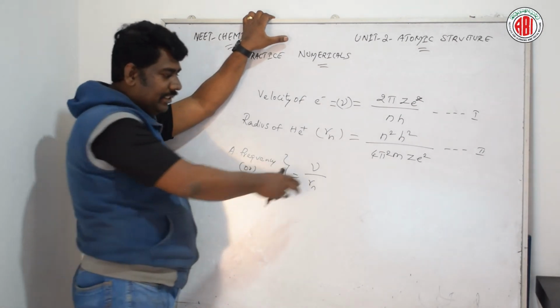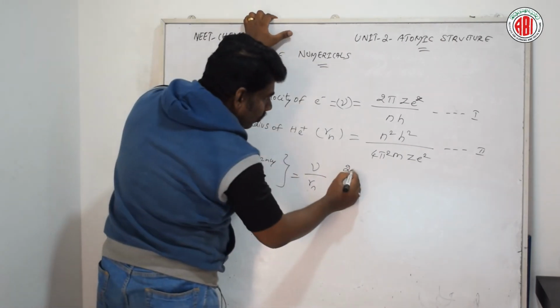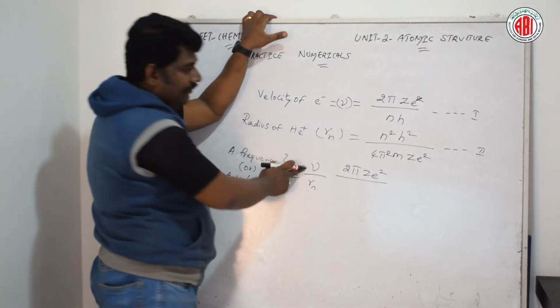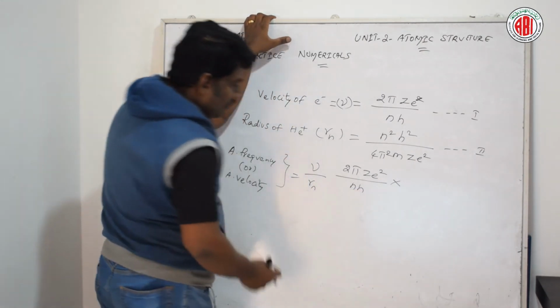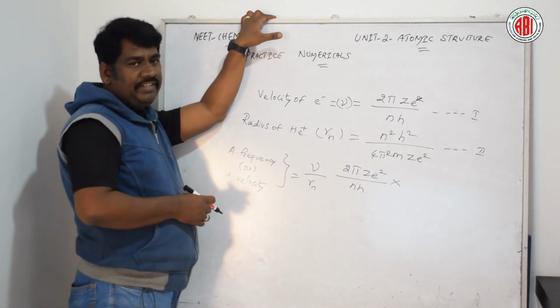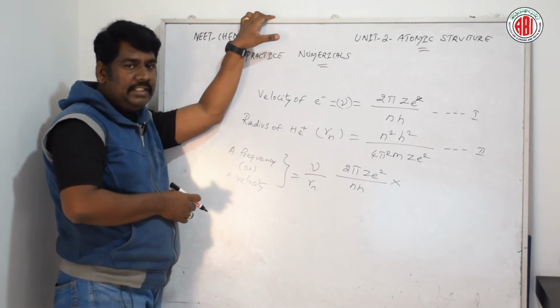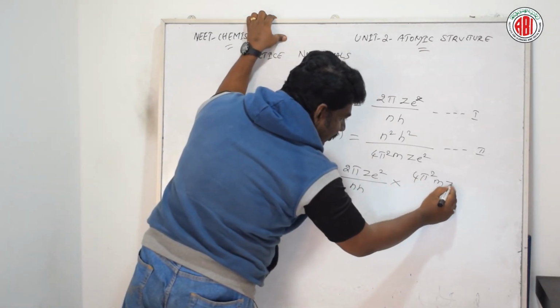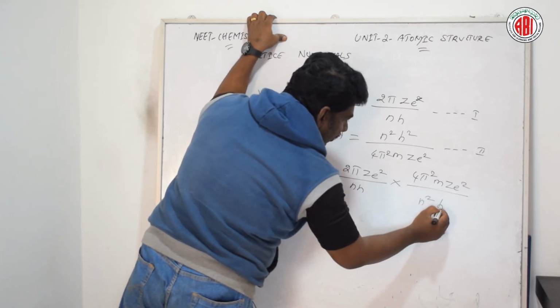applying these two equations in one formula, we get 2 pi z e square by n h, the velocity value, into the radius of the helium ion in an orbit, that is 4 pi square m z e square by n square h square.